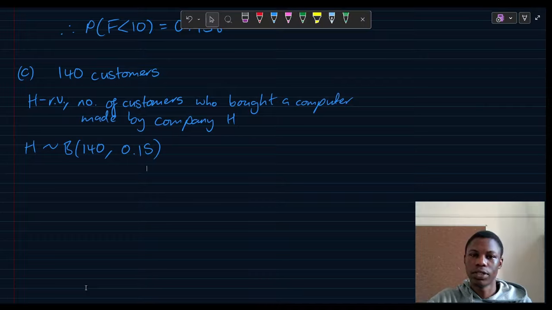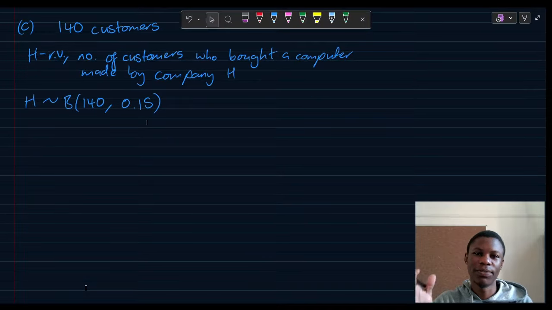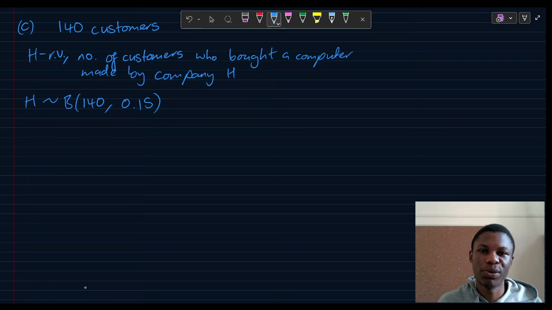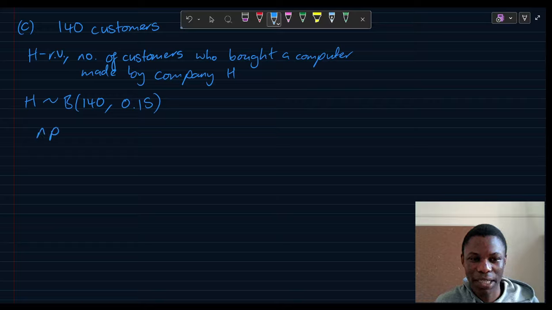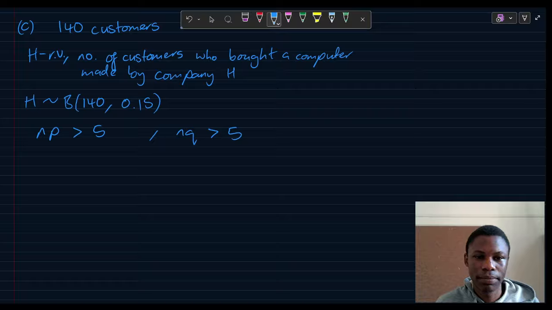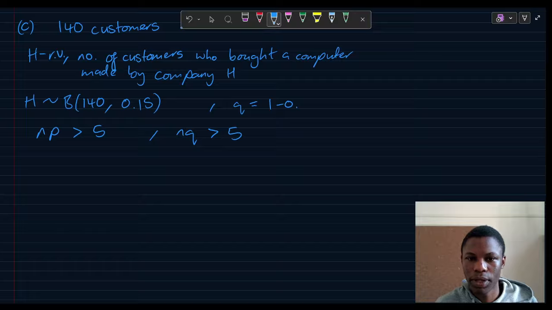Now we're told to use a suitable approximation. At AS level, the only approximation you use is the normal approximation to the binomial distribution. But it is always good practice to check if the conditions for that are met. The conditions for that approximation are that np should be greater than 5 and nq should be greater than 5. Q is always 1 minus p, so 1 minus 0.15, which is 0.85.